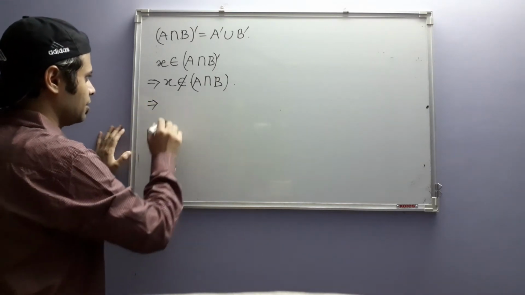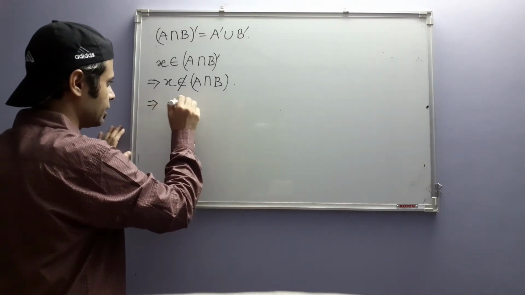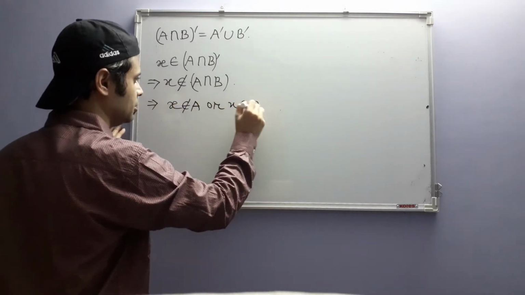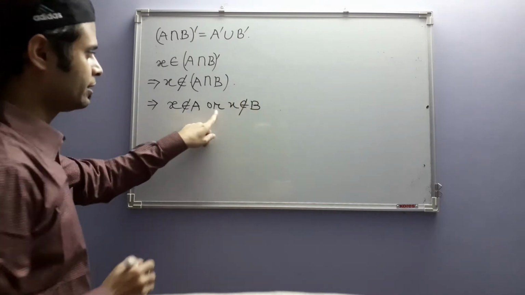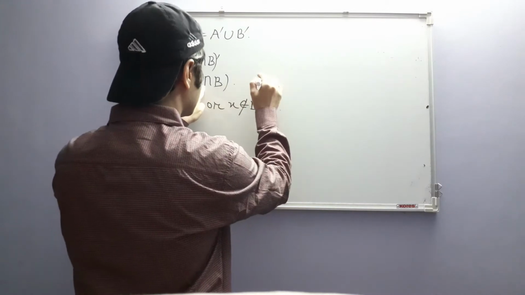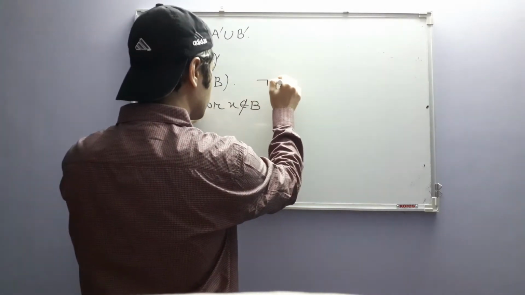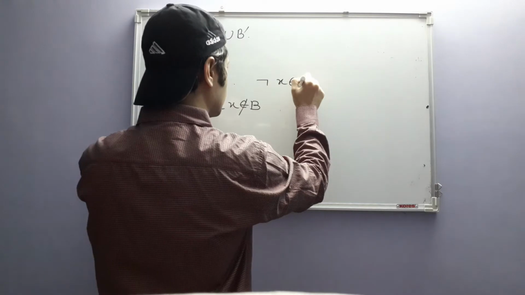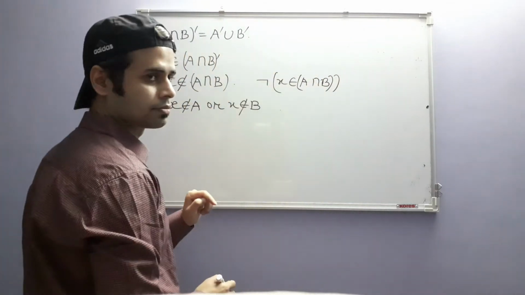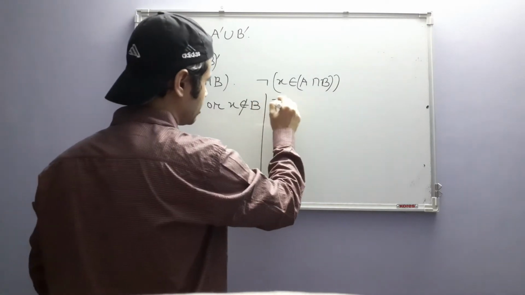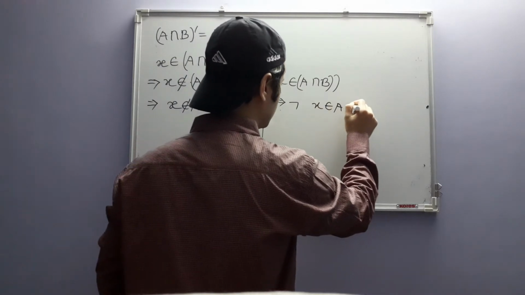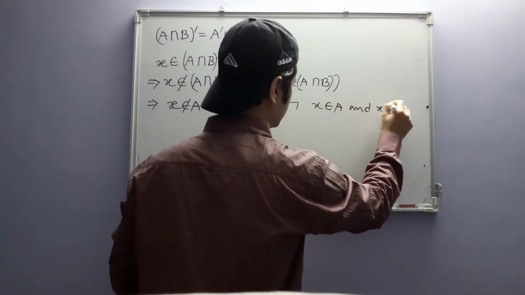Now in place of this I am writing x does not belong to A or x does not belong to B. Why or? That is because this means negation of x belongs to A intersection B. Okay, and this is equivalent to negation of x belongs to A and x belongs to B.